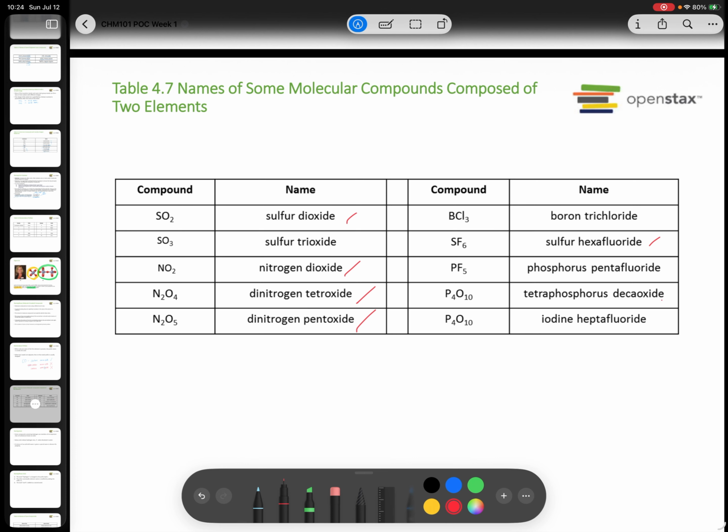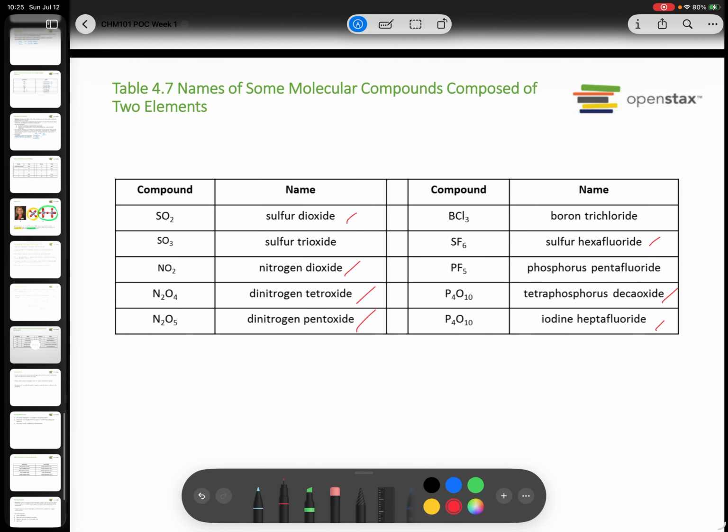And ito, phosphorus decaoxide. So, decaoxide. Usually kasi, maano nyo rin siya, kung maganda siya pakinggan or hindi. Isa sa mga techniques. Iodine heptafluoride. So, yan. Mga example. So, yun. Important yung prefixes dito sa ating molecular compounds, no? Binary molecular compounds.